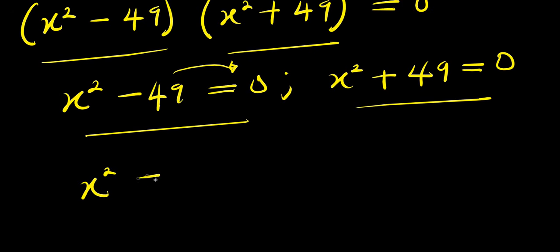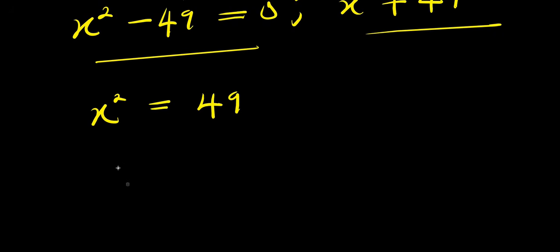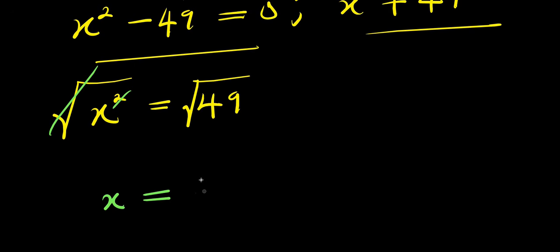We have x squared equals 49. In order to solve for x, we take the square root of both sides of this equation. So this cancels this. I have x equals plus or minus 7, because the square root of 49 is 7, so we have plus or minus.